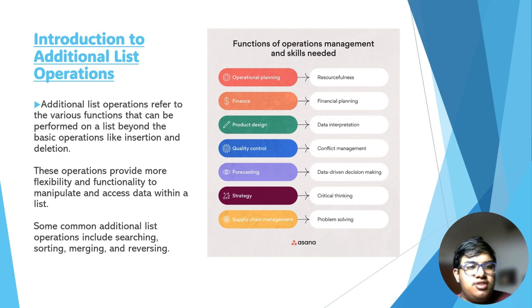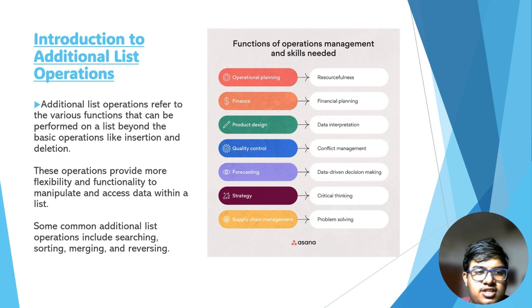Additional list operations refer to the various functions that can be performed on a list beyond the basic operations like insertion and deletion. The operations provide more flexibility and functionality to the programmer to manipulate and access the data within a list. Some common additional operations include searching, sorting, merging, and reversing.